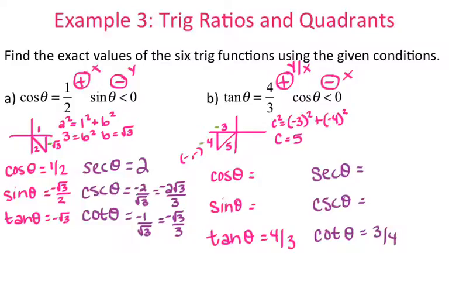And then I can use my triangle to find the other 4. So cosine is adjacent over hypotenuse, so that's negative 3/5. Sine is opposite over hypotenuse, so that's negative 4/5. And since I now know those two, I can flip them over to find secant and cosecant. So that's negative 5/3 and negative 5/4.